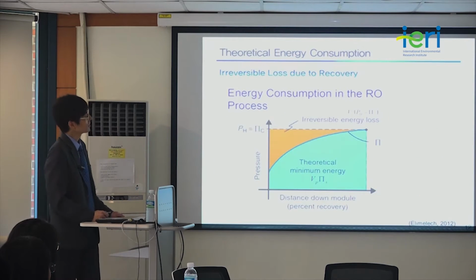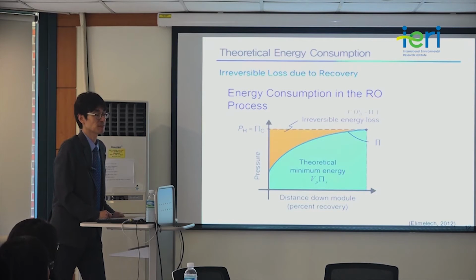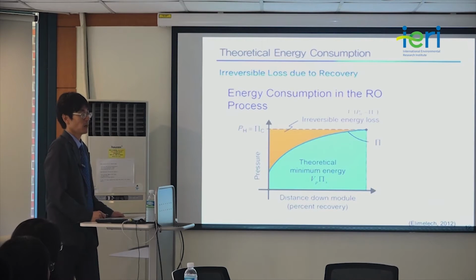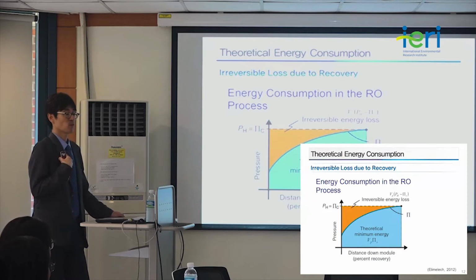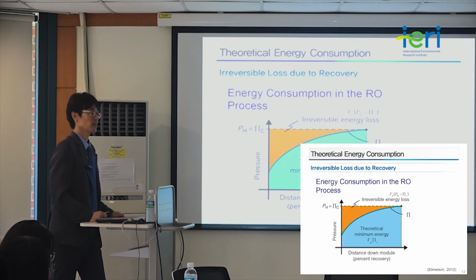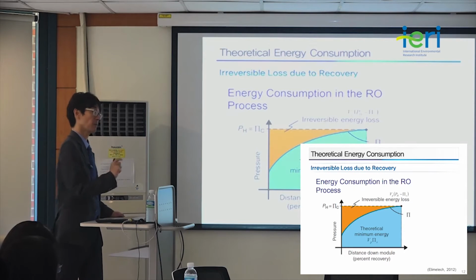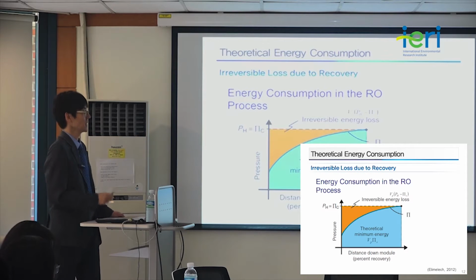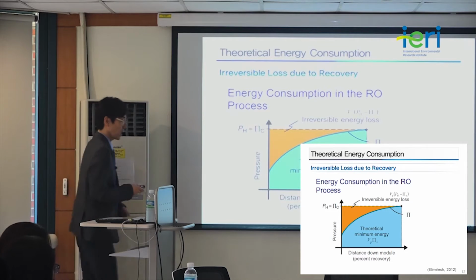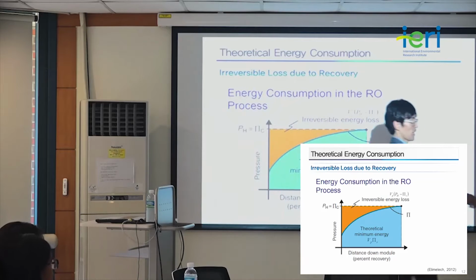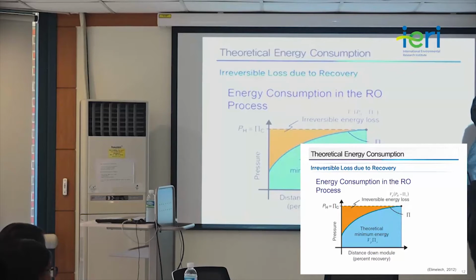And in a real reverse osmosis system, the ideal condition that we want is to have the same difference between the osmotic pressure and the applied pressure. In reality, it's not possible. The reason is, I don't know if you already learned about the basic configuration of the reverse osmosis membrane system.